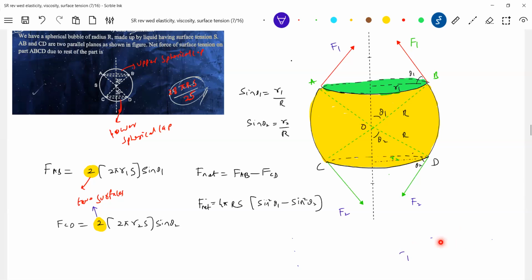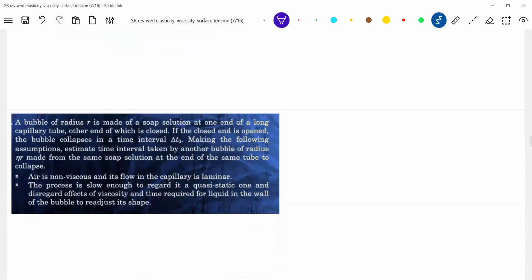I'm not discussing that here. If I ask you elongation or strain, then take help of that formula. But here it is asking net force. I should take the difference. Let's go for the next one.